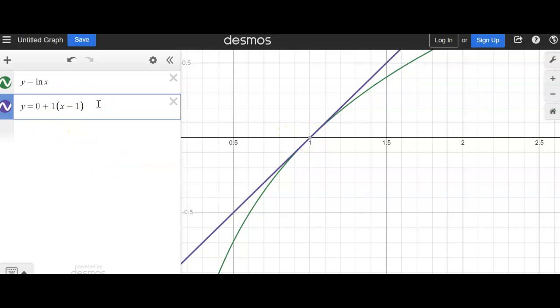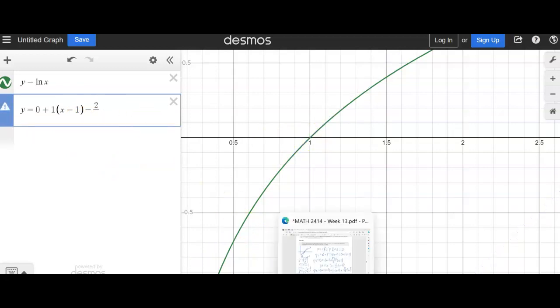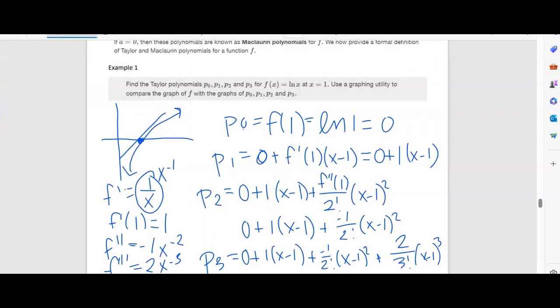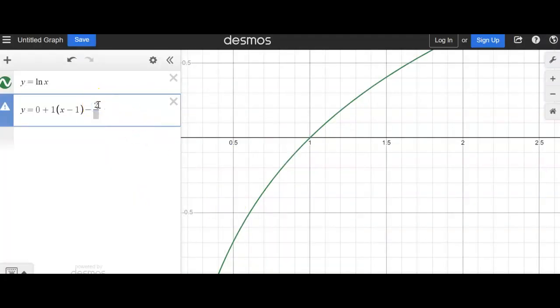And then what do we have after that? Minus 1 over 2 factorial times x minus 1 squared. Okay, we can see, yep, it still is tangential at that point. It still intersects only at that point, really, but it models for a little bit longer.